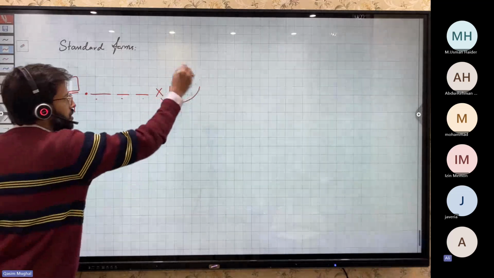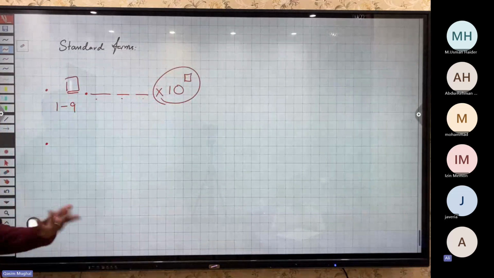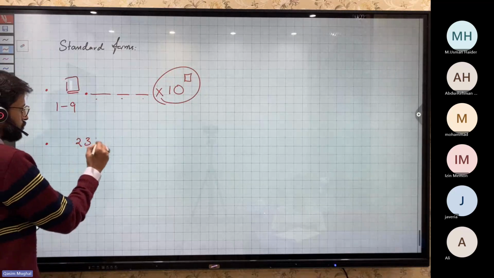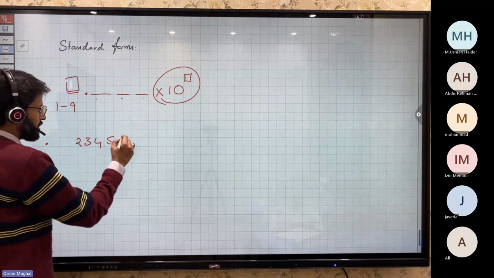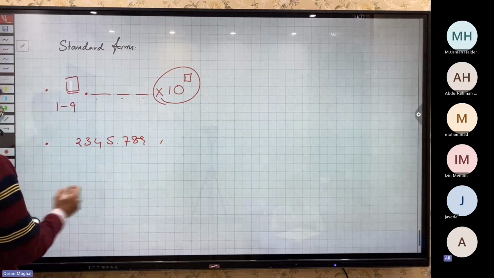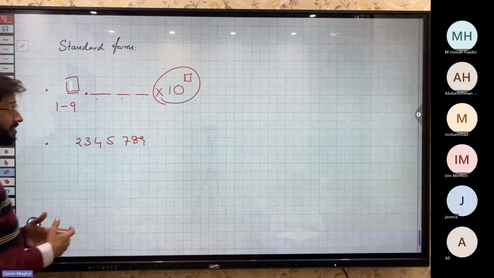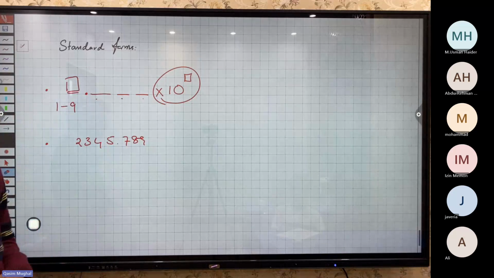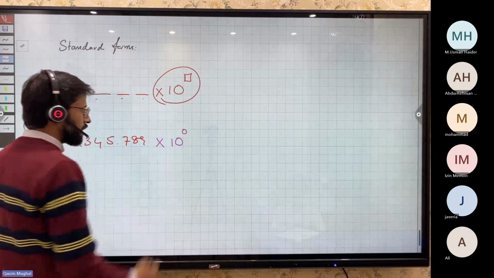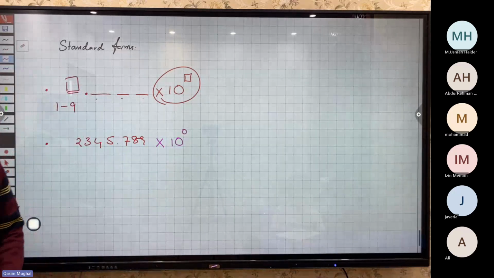If you don't see a power of 10 with any particular number, for example I have 2, 3, 4, 5.789, and that's it. If you don't see a power of 10 here and the examiner asks you to write it down in the standard form, it's understood by using the laws of indices. Can I write it into 10 raised to the power 0?